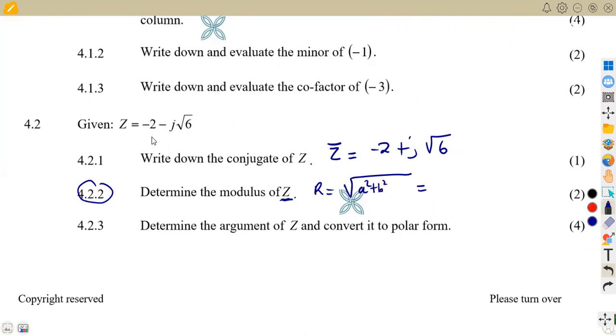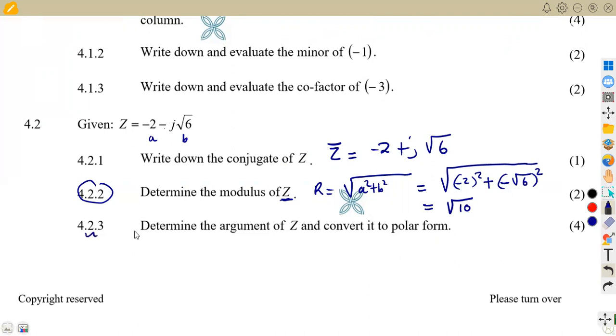This is our A and that's our B. So it is going to be the square root of -2 squared plus, we are given here, the negative square root of 6 in brackets like this, squared. All right. So if you simplify this properly on your calculator, you are going to obtain the square root of 10. All right. So that is the modulus.